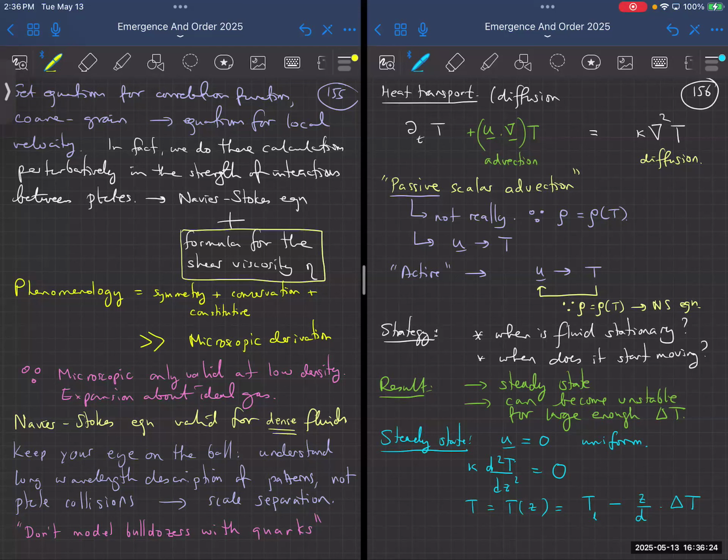Oh yeah, that's perfectly correct. The temperature at the top is lower than the temperature at the bottom by an amount delta T. Okay, so this is the temperature at the lower boundary.